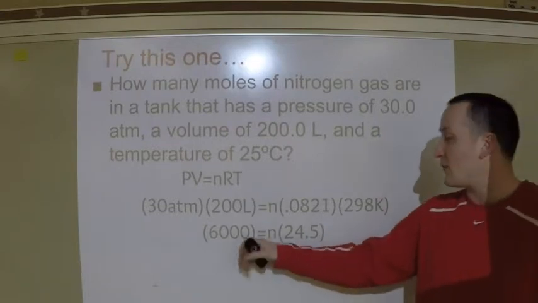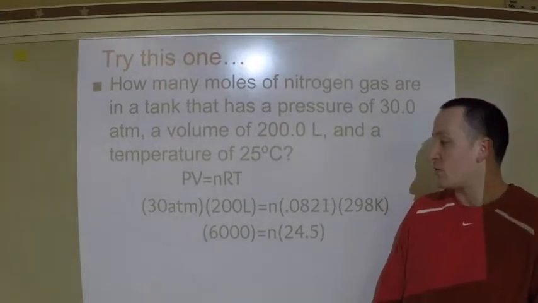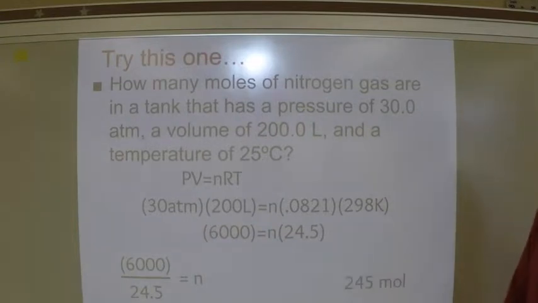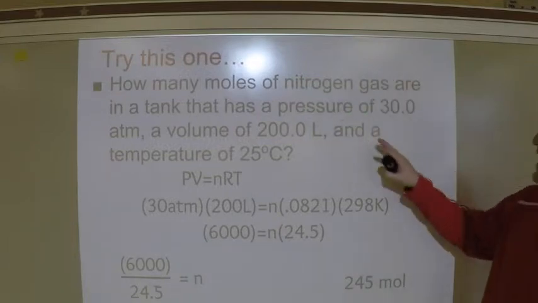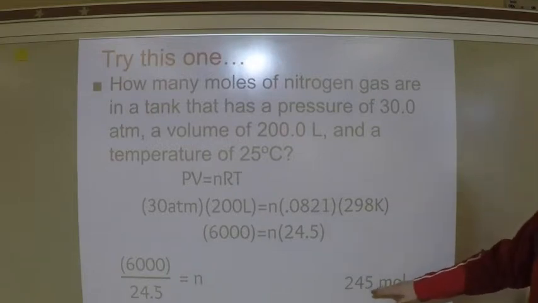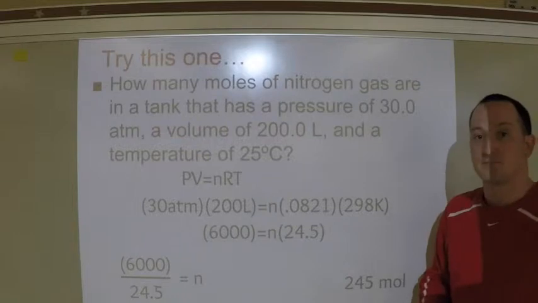Now I divide both sides by 24.5, so 6,000 divided by 24.5 is equal to N, which means my N value is going to be 245 moles. So if I had a tank of this nitrogen gas, it would have 245 moles of gas inside of that container. All right?